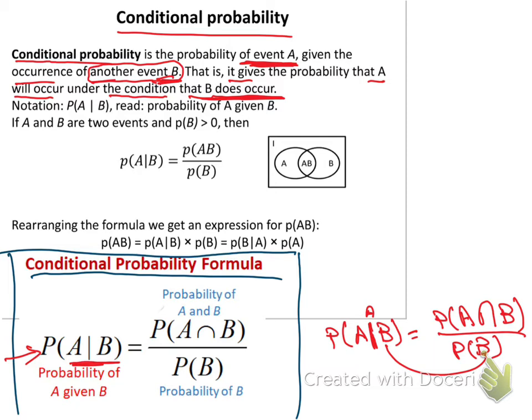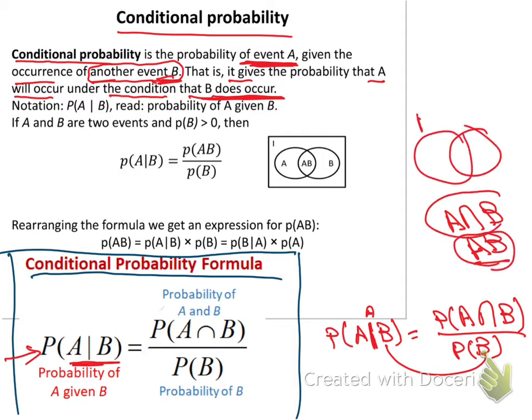Some people, as we mentioned on the last slide, write A intersect B as AB, which means A and B are both happening together. A intersect B also means that A and B, both of them, are happening in this area. So A and B means the probability of A and B happening. So A intersect B or AB, it is the same thing. Here in Debrecen they're using AB, but most of the books use A intersect B.